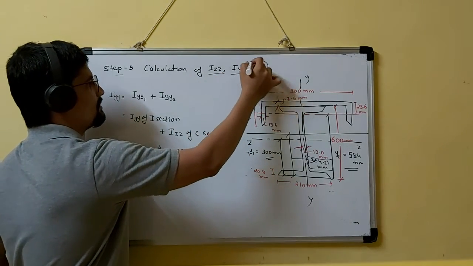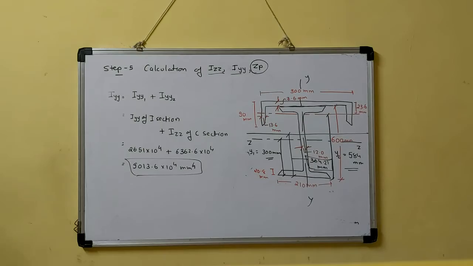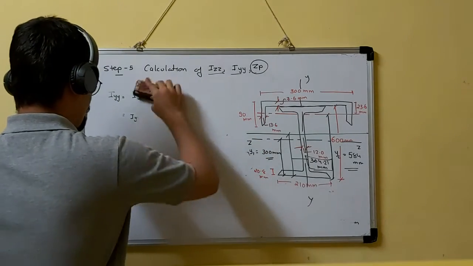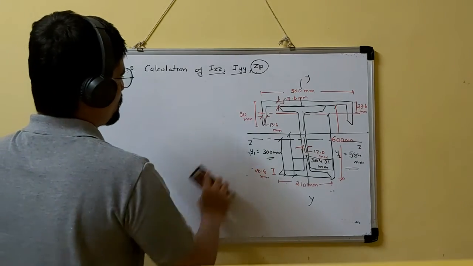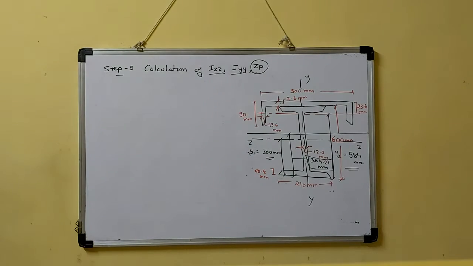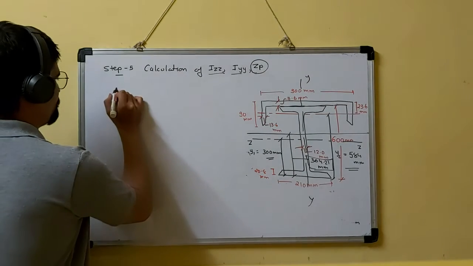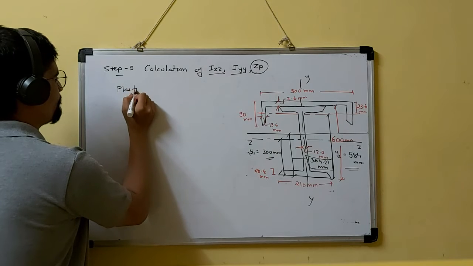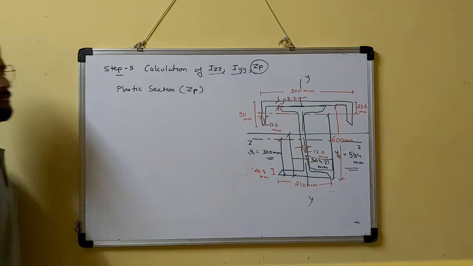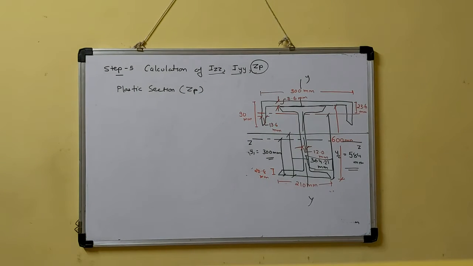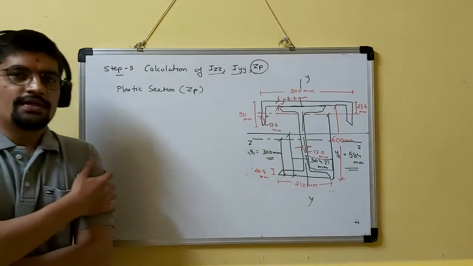The main thing now being calculated is ZP. We are going to calculate the value of the plastic section modulus ZP. What do we have to keep in mind during the calculation of ZP?